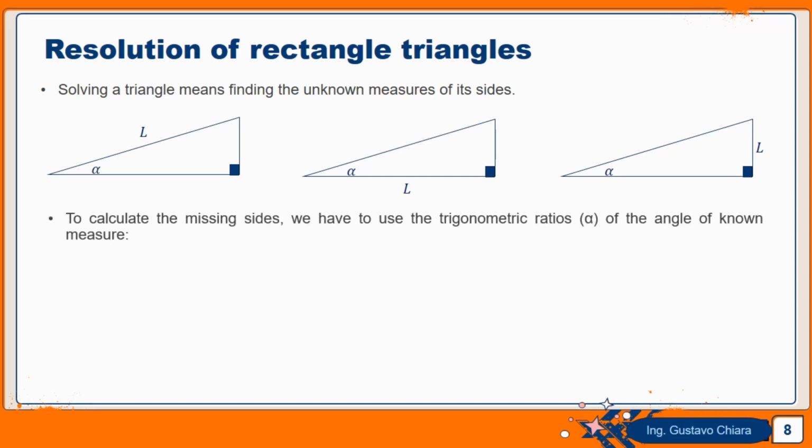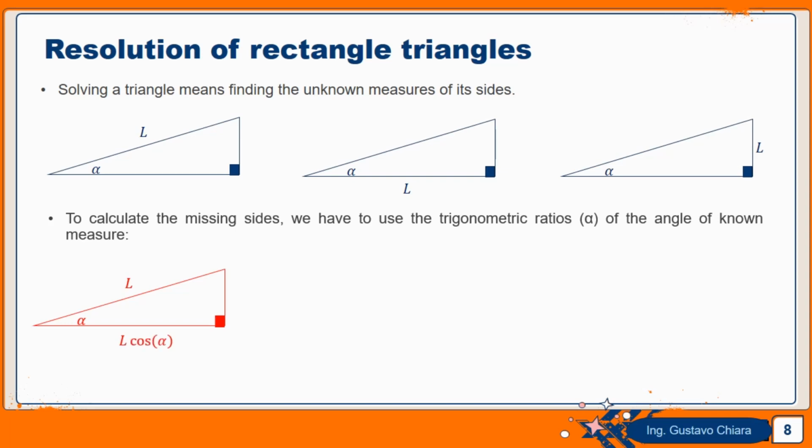To calculate the missing sides, we have to use the trigonometric ratios of the angle of known measure. For example, in the first case, you are given the measure alpha and the side L, and you can find the adjacent leg and the opposite leg.